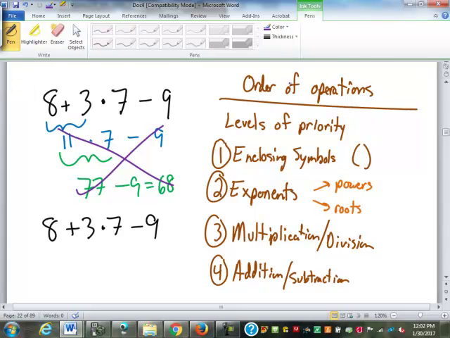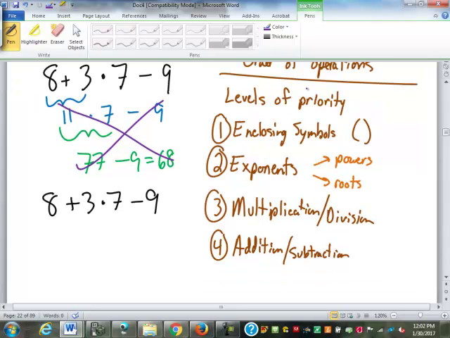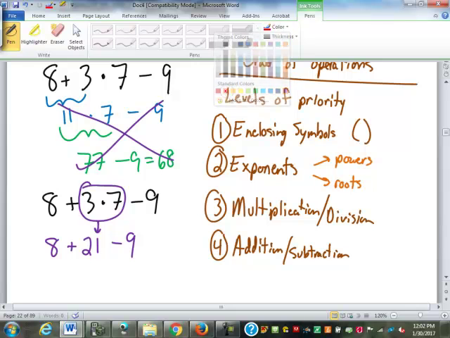So back to this problem here. There are no enclosing symbols and there are no exponents, but we do have multiplication. So that tells us the first thing that should be done is the multiplication. 3 times 7 makes what? 21. Good. So now we have only addition and subtraction.